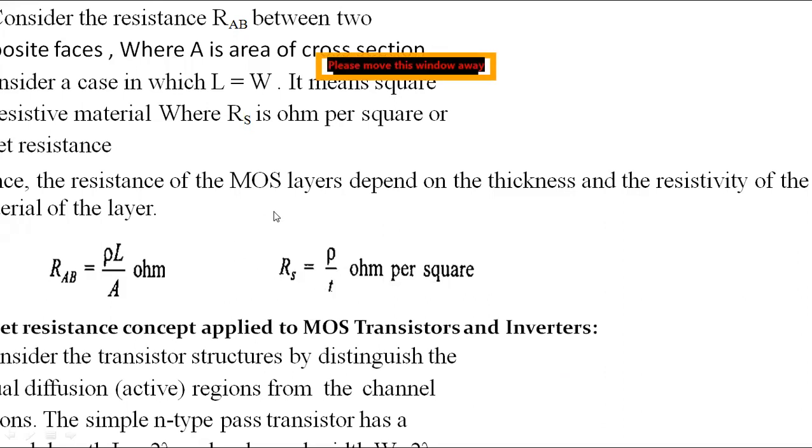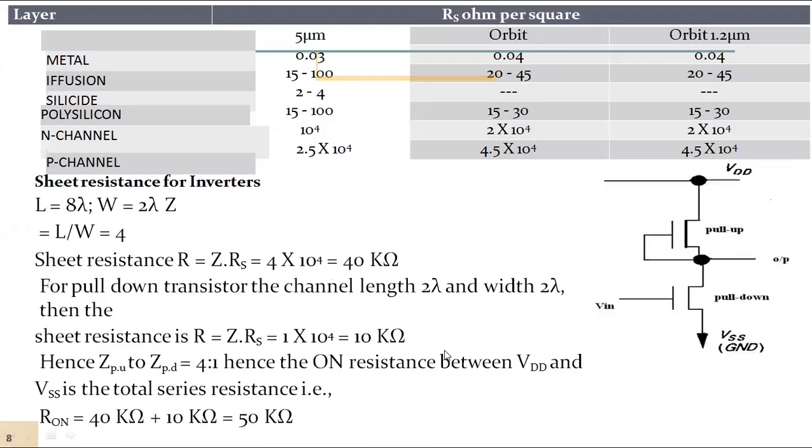Hence the resistance of a mask layer depends on the thickness and resistivity of the material of the layer. Okay, the resistance is purely based on these two parameters: the resistivity and the thickness. Okay, the resistance concept is applied to the MOS transistor and inverter.